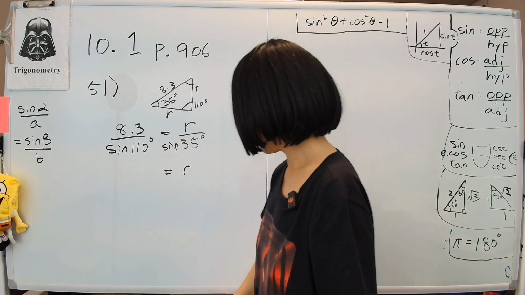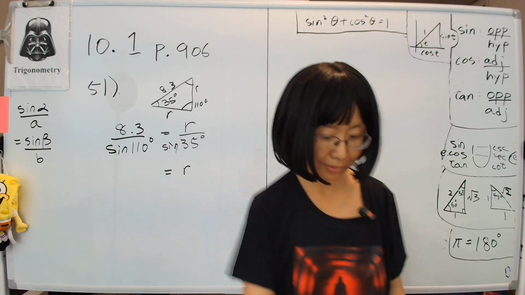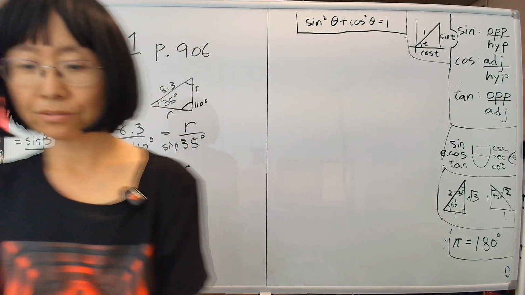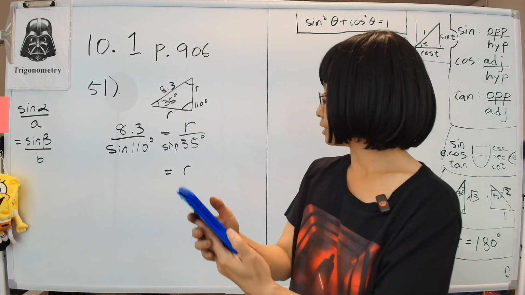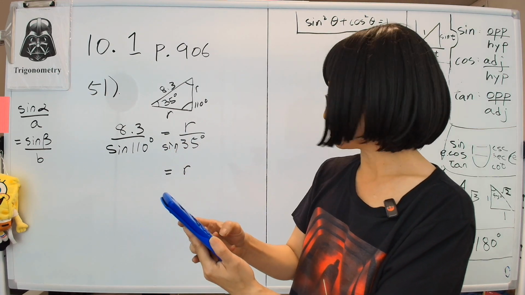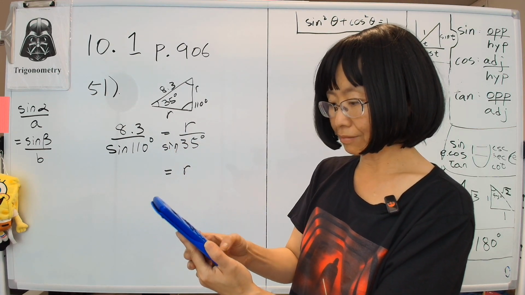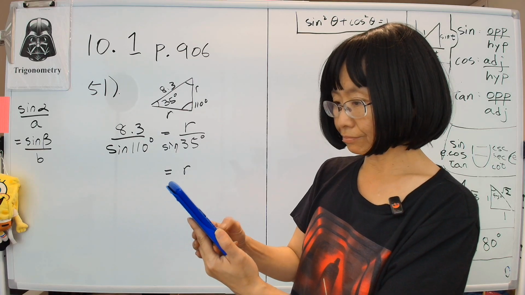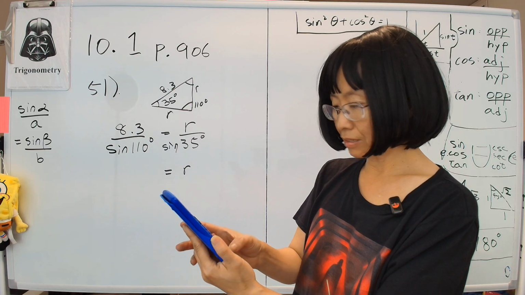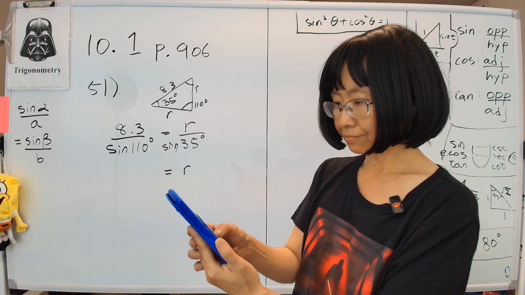So let's do that, then I don't have to write out so much stuff. To calculate r equals this stuff times the sine of 35, let me type that out: 8.3 divided by sine of 110 degrees.